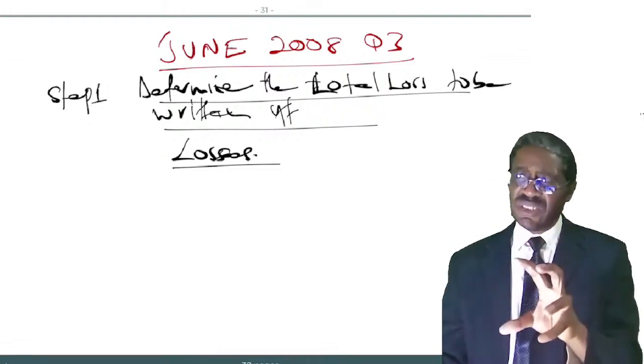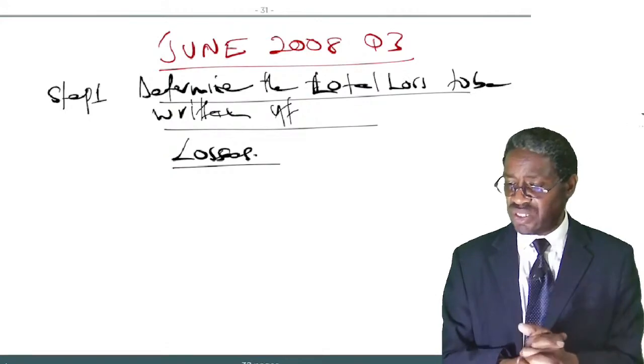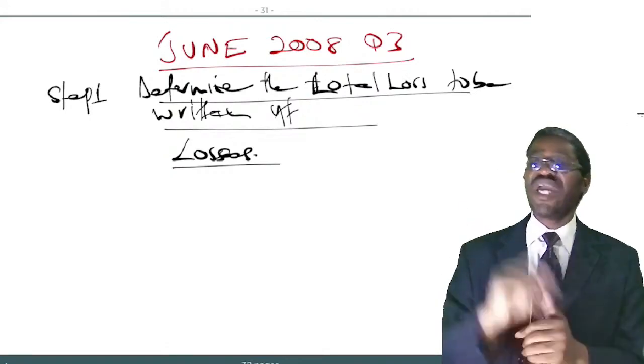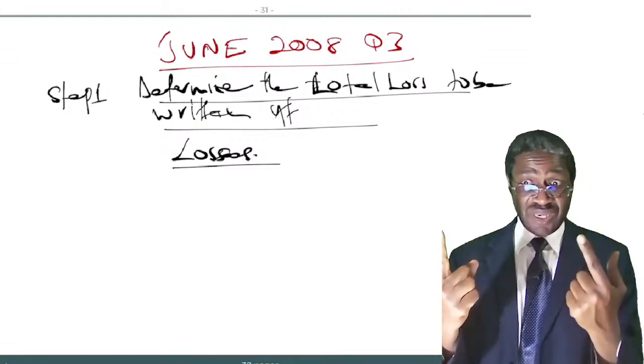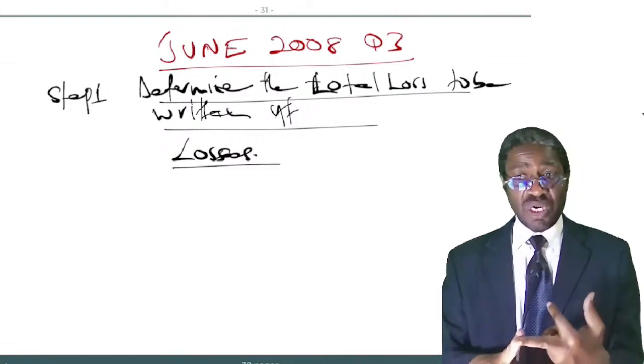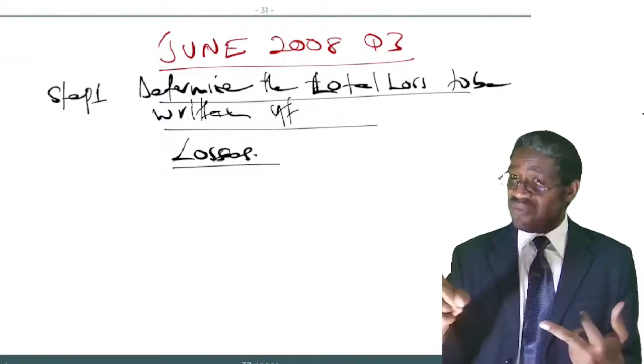What about gains? We have identified a few items that can give rise to gains. 1, I told you any increase in value of an asset, which we have seen, land will give us a gain. 2, I told you any decrease in value of a liability will give us a gain.